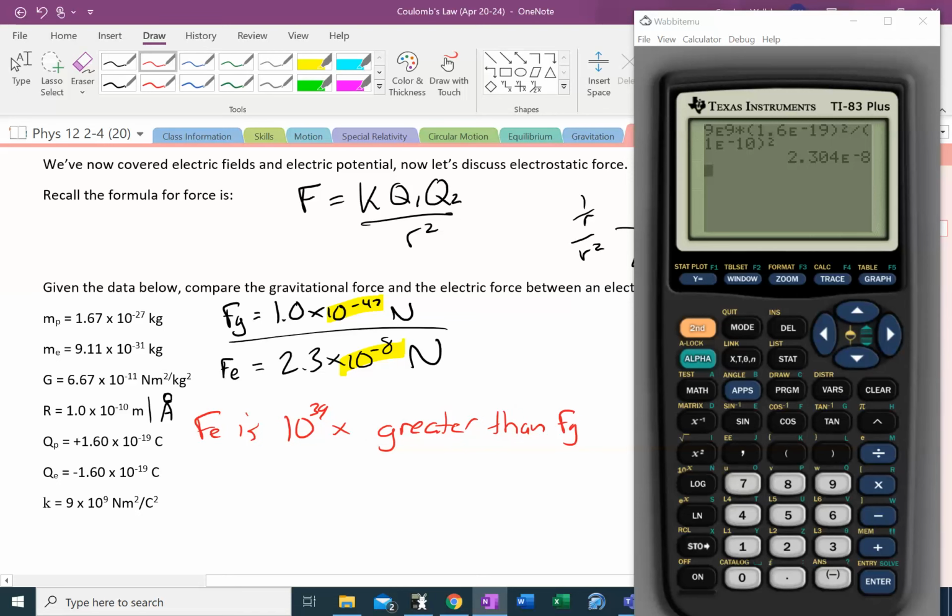People often say that the force of gravity is the weakest force, and if you compare it to the electrostatic force between a proton and electron, yeah, it's 10 to the 39 times smaller. And that is really, really small.